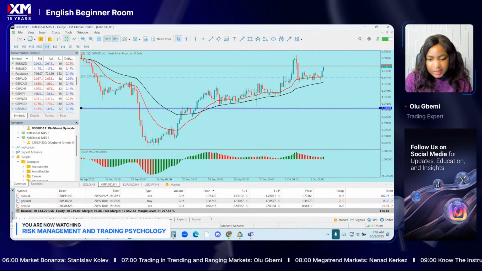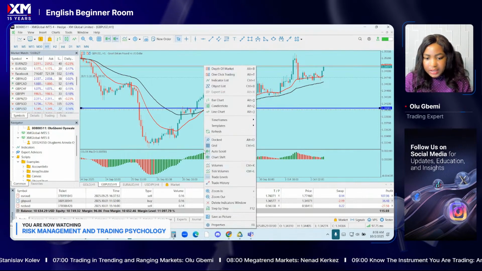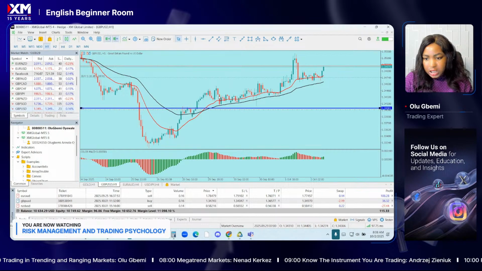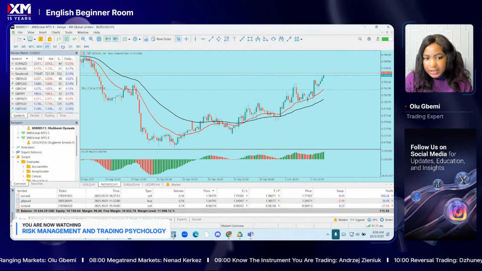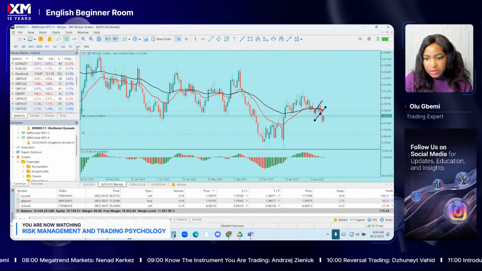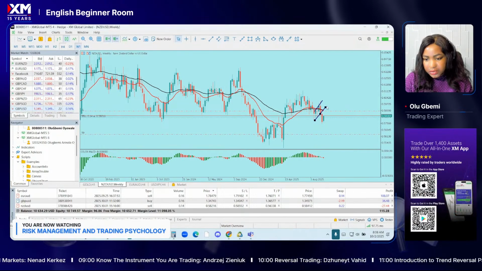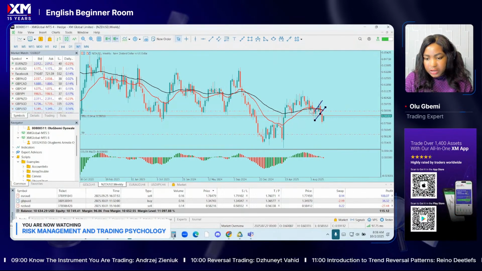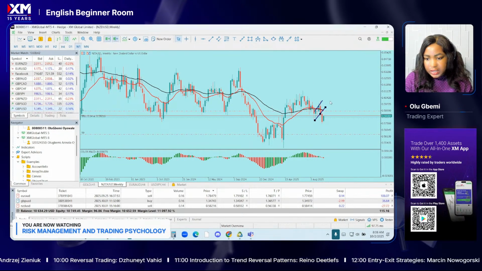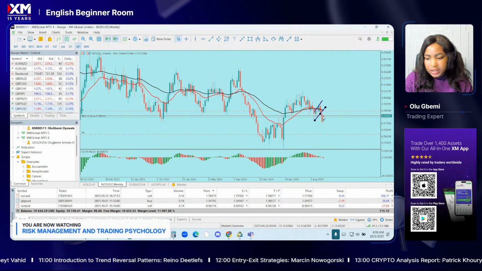And lastly, NZD-USD. For NZD-USD, I did the sell basically based on the major trend on the higher time frame, which is this weekly time frame. There is this head and shoulders there, and then an ascending channel. The price broke down. However, for this week, I see a retracement.